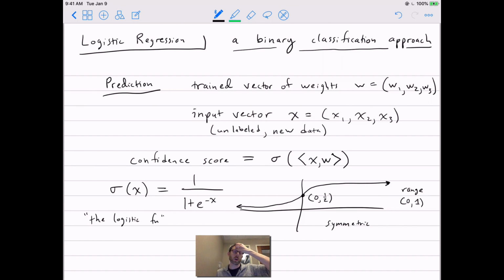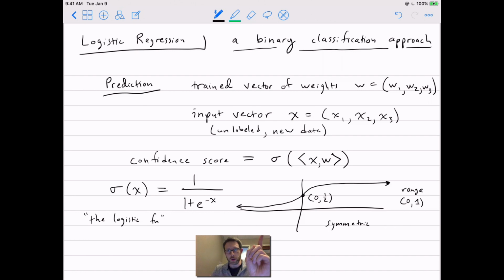And this is the reason it's called logistic regression. Actually, the name logistic regression is very interesting. The word regression is super weird in statistics. So the word regression in machine learning, by the way, means the output of your model is a floating point number, not a classifier output.